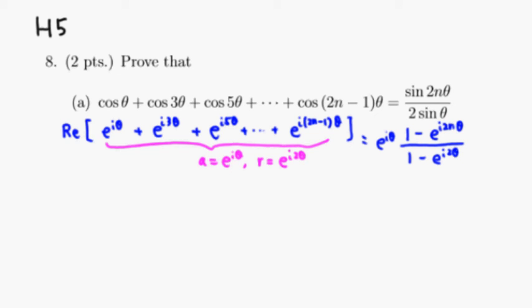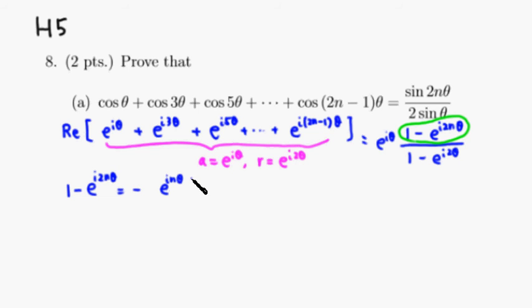Then we can do this manipulation. Let's focus on this part right here. That can be rewritten as 1 minus e to the i 2n theta. I'm going to pull out the negative e to the i n theta.